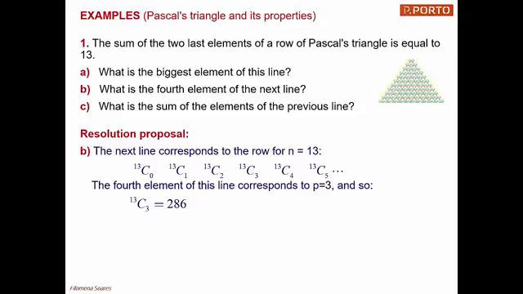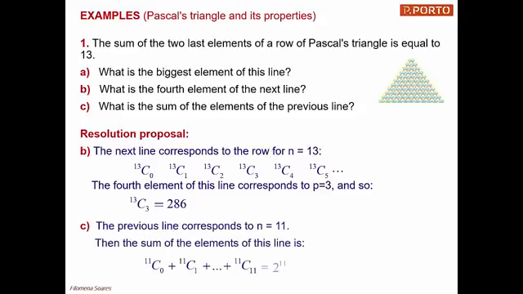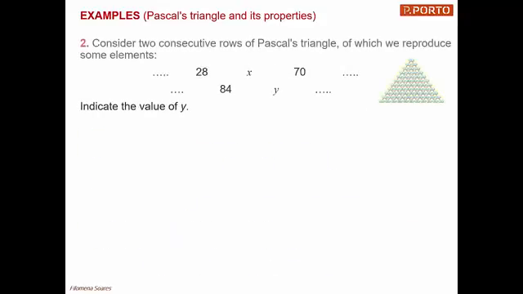And the last question here is: what is the sum of the elements of the previous line? If we are in the 12th row, the previous one is the 11th, and so the sum will be given by 2 to the power of 11, that is 2048.